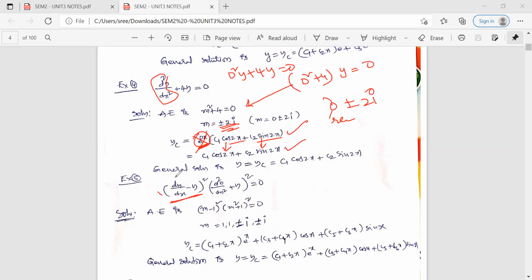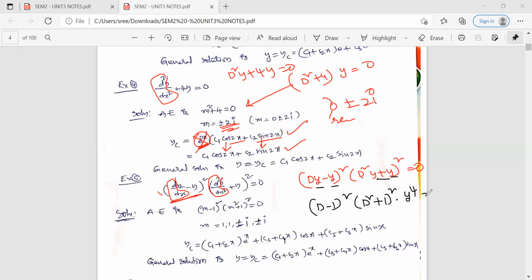See here. Now I write capital D in place of d by dx. So I get (D minus 1) whole square y, and here I write capital D square in place of d square by dx square, (D square plus 1) whole square y equals 0. That means now I take y common: (D minus 1) whole square into (D square plus 1) whole square y equals 0.